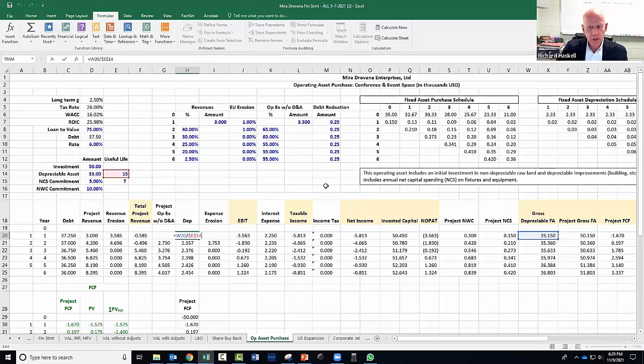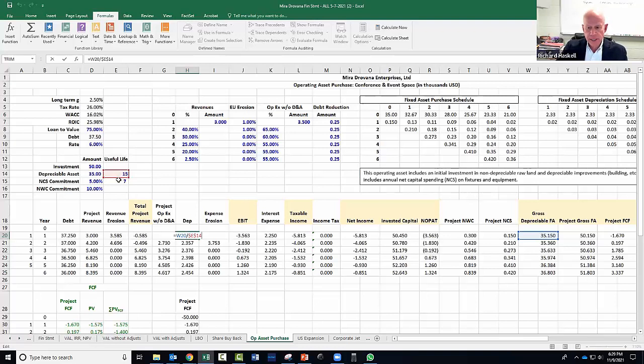Well, I can look here and I can see that for this first period of time, I've got W20, which is my gross depreciable fixed asset, divided by the useful life of that. Now, this metric might change here in a moment, and I just want us to get to be comfortable with that. There's a couple of ways of doing this, and I'm showing both of them to you.